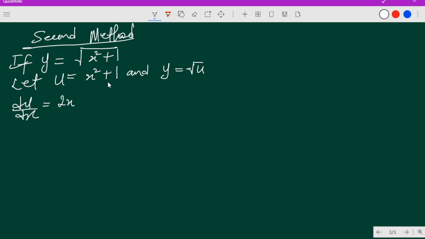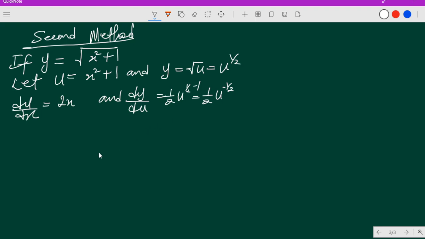The constant 1 will go, and you differentiate y with respect to u. Recall that this u is raised to power half. He said half u to the half minus 1, which is equal to half u to the minus half.